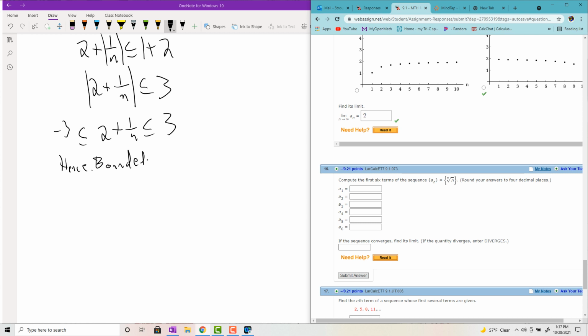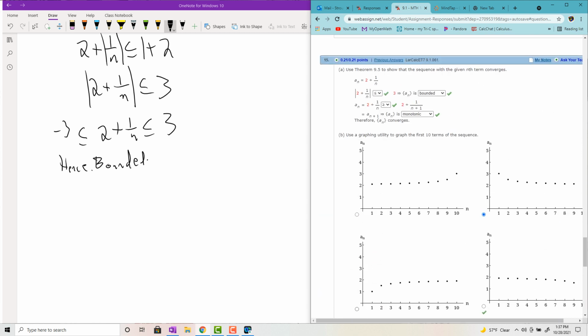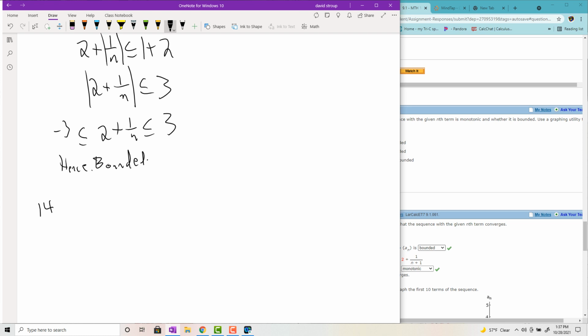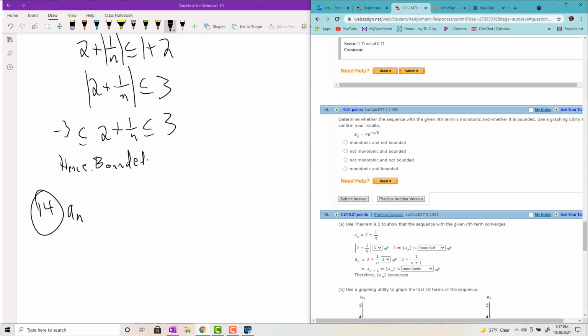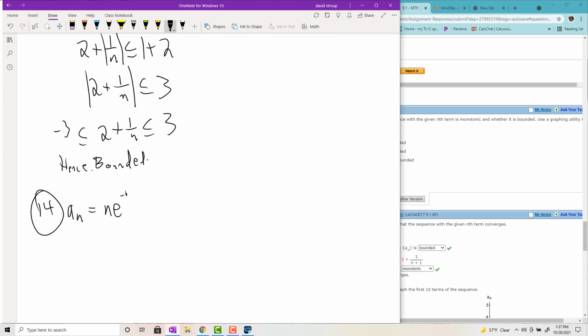Sure. There's this one here. Number 14, a sub n equals n e to the negative n over 5. They want to know if it's monotonic and or bounded. The boundedness issue, e to the negative n over 5: if I were to graph that thing out at 0, we don't really care, but at 0 it is 1, right?